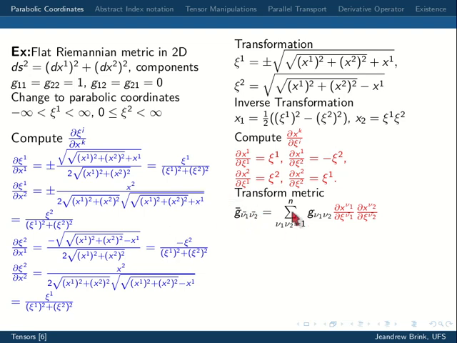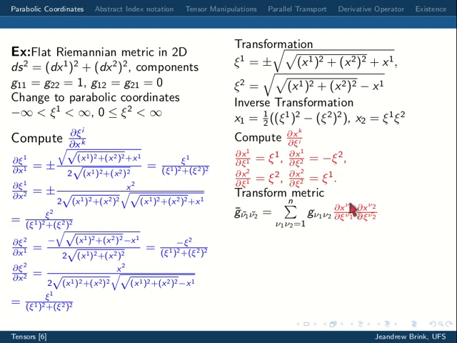Remember we wrote out the definition: it's the sum over all the components of the previous metric, each one multiplied by the Jacobian. And in this case, because the indices are down, you want the inverse Jacobian. So it's dx mu, dx mu1 bar.